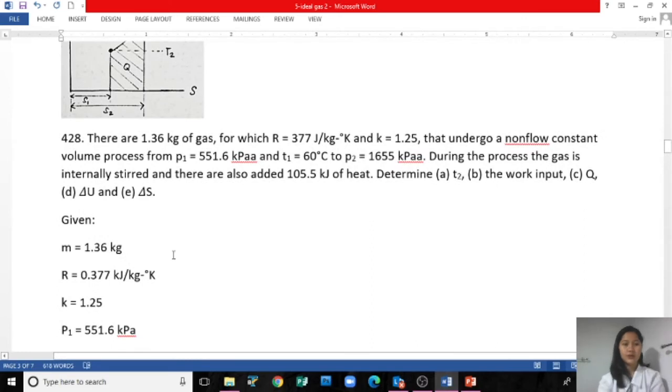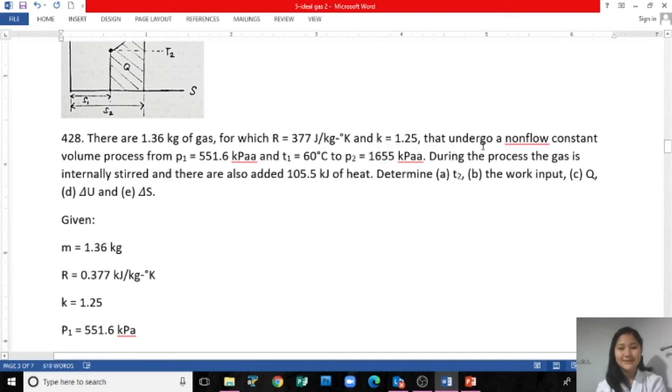Next is problem 428. There are 1.36 kilograms of gas, for which R is equal to 377 joules per kilogram degree Kelvin, and K is equal to 1.25. That undergoes a non-flow constant volume process from P sub 1 equal to 551.6 kilopascals and T sub 1 equal to 60 degrees Celsius, to P sub 2 equal to 1655 kilopascals.